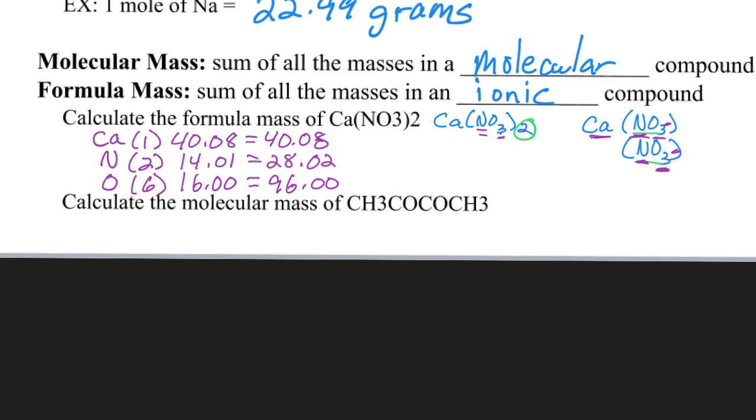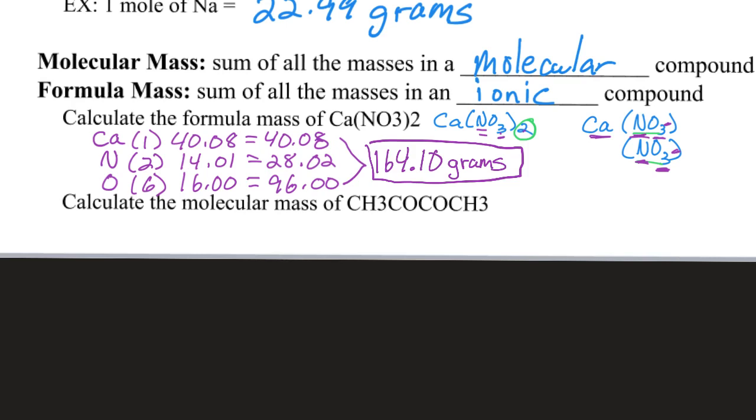Now the last thing I have to do, because we want the total weight for this compound, is I'm going to add these numbers together. And when I add these numbers all together, I'm going to get 164.10. Again, I need to keep that 0 because that tells me the number of significant figures I have. Now, I have to use the unit grams, and that will be the molar mass for the compound that I've just calculated.